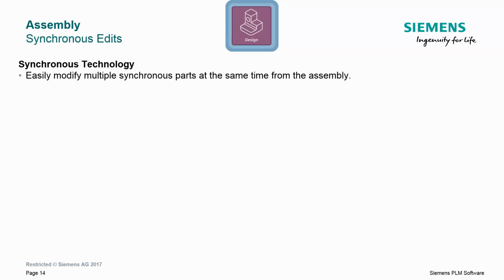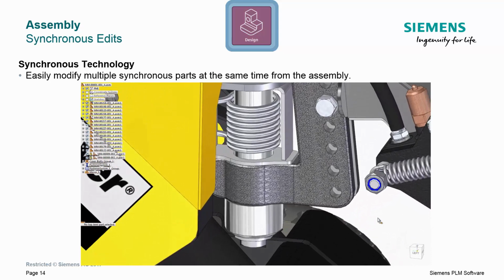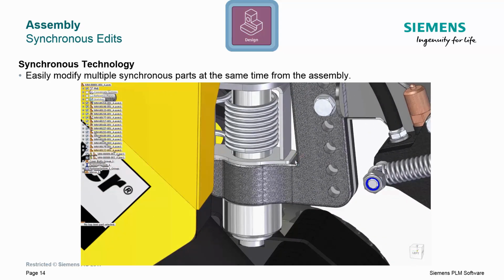So we've talked about improving productivity with accessing, viewing, and building assemblies, but what about edits? Once again, synchronous technology comes into play. Not only is synchronous technology great for building and editing parts, but it can be a great productivity booster in assemblies as well.